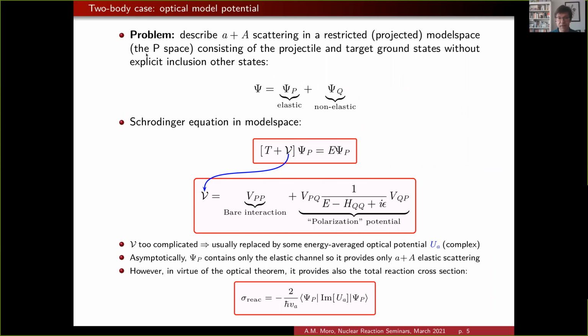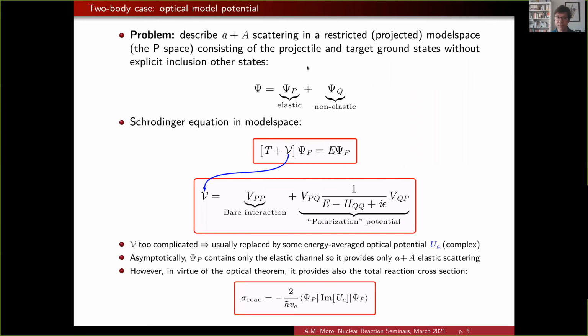So this is a very basic reminder of something that I'm sure all of you know very well, but it is just useful to establish the language of the problem. So you all know, when we have a two-body problem, so just forget about the three-body structure, we describe A plus A scattering. If we are just interested in describing, for example, elastic scattering, we don't need to include all the channels contributing to the problem.